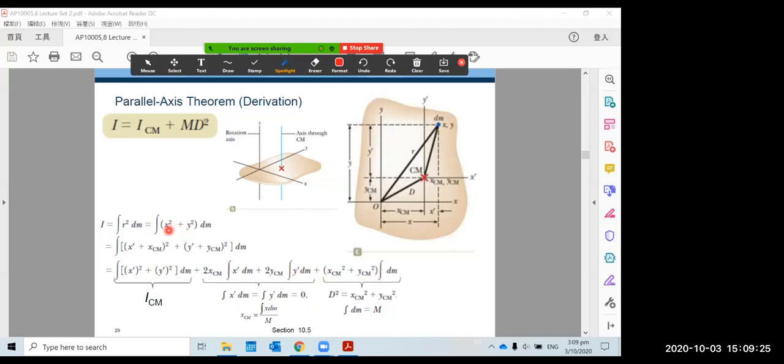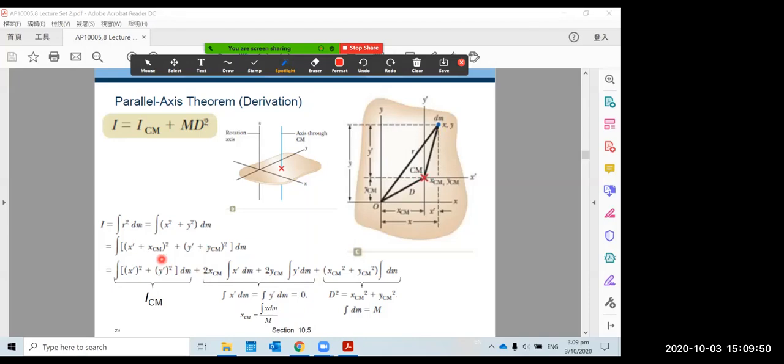What is x? x is equal to x_cm, the location of the center of mass from the origin, plus x dash, as you can see here. Similarly, y is y dash plus y_cm.